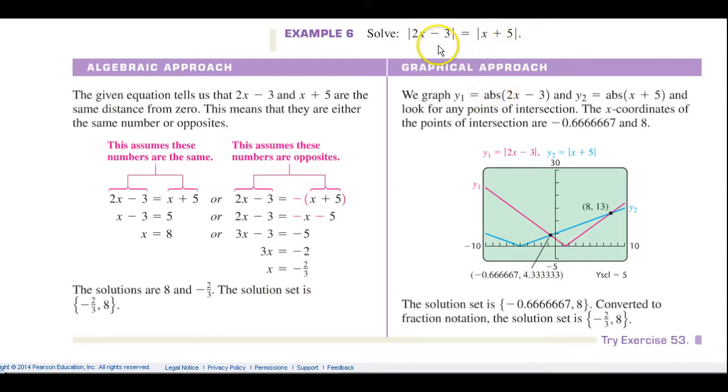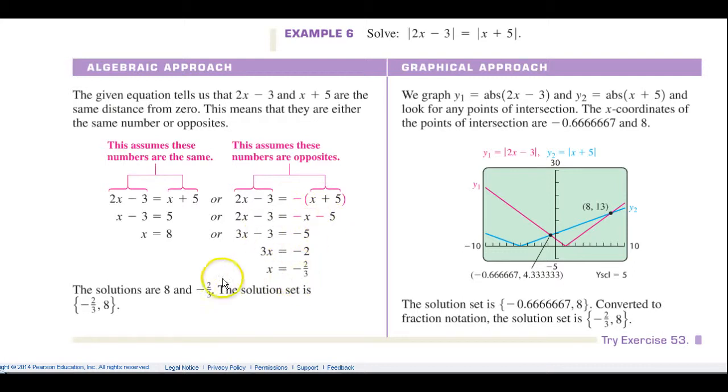Again, the protocol, remove them both. That's your first set of equations. Then the second set, remove the absolute signs, but put parentheses and a negative sign in front of the parentheses. Then get rid of the parentheses by changing these signs and then solving it.